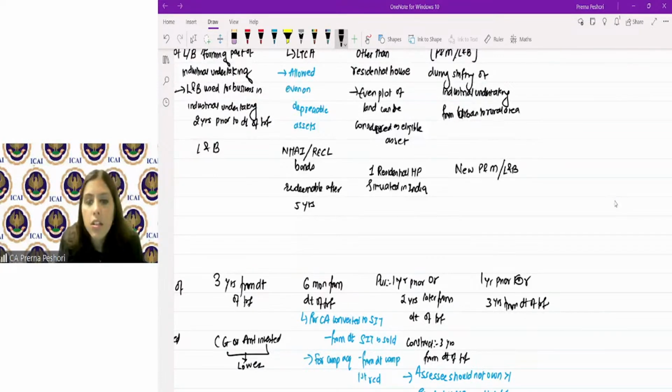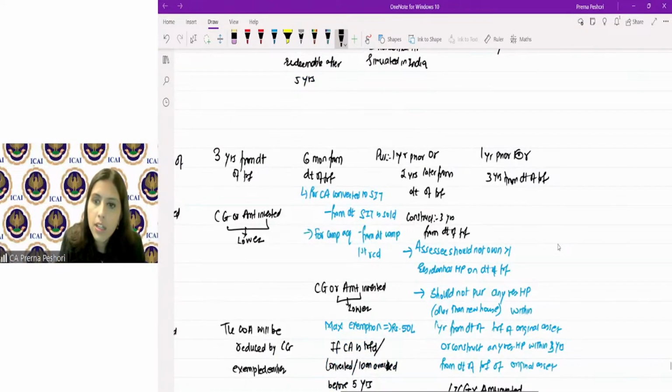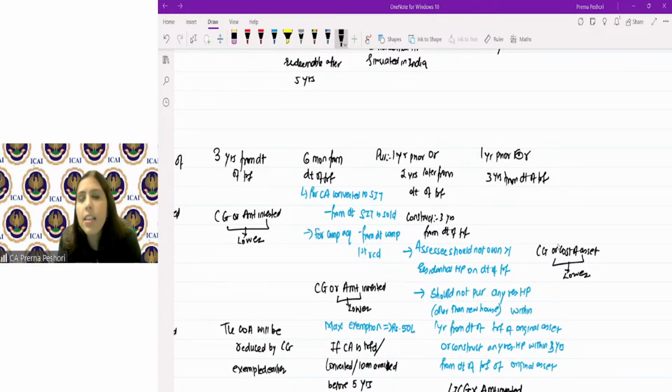Fine. Then what is the exemption over here? The exemption will be the cost of the new assets or the capital gain, whichever is less. Now what if the assets are transferred within 3 years? Then from the cost of acquisition, you will deduct the capital gain exempted earlier.